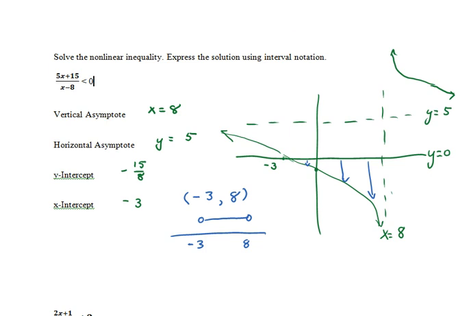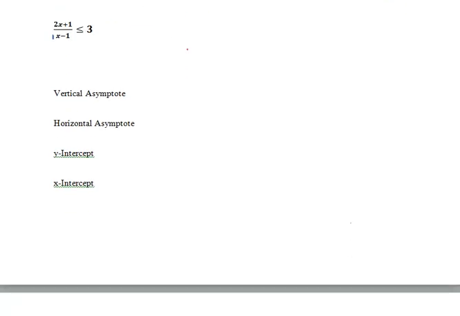So the next example also is the quotient of two linear functions, and so we'll have both a vertical and horizontal asymptote. The vertical asymptote is going to be x equals 1. The horizontal, y equals 2. That's the quotient of the leading coefficients. The y-intercept is going to be negative 1, where x equals 0, and the x-intercept is going to be negative 1/2, because that's the 0 of the numerator.